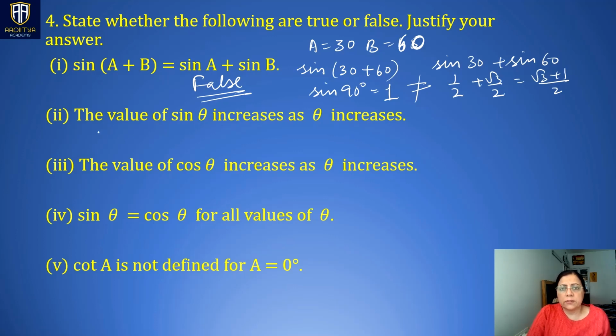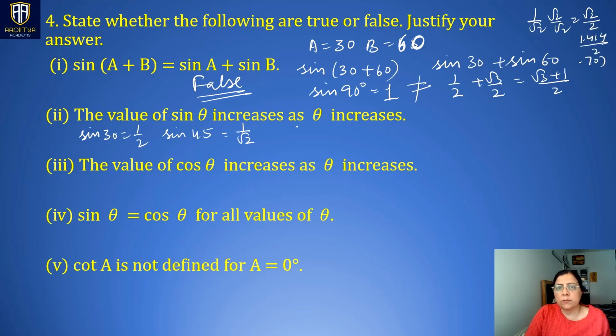Now we can check this. Sine 0 is 0, it's okay. Sine 30 is half. Sine 45 is 1 by root 2. You can rationalize this, it becomes root 2 by 2, that is 1.414 divided by 2 is 0.707. 0.707 is greater than 0.5.